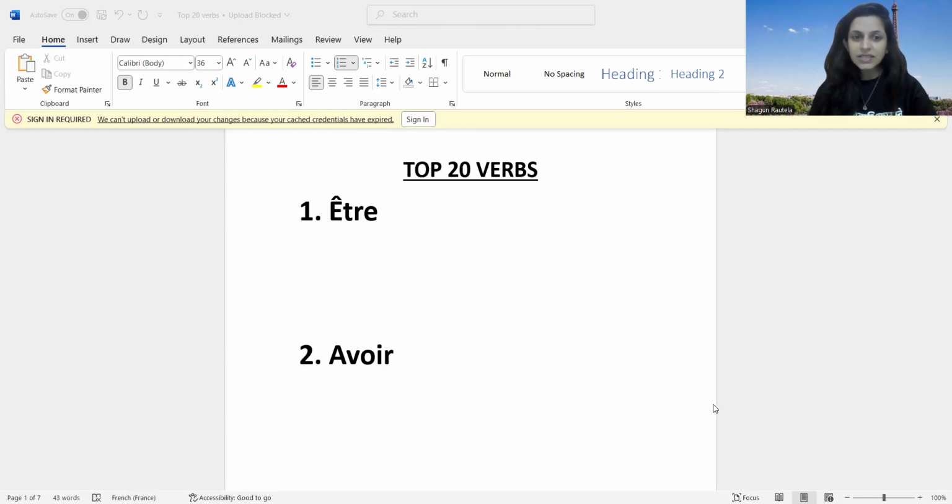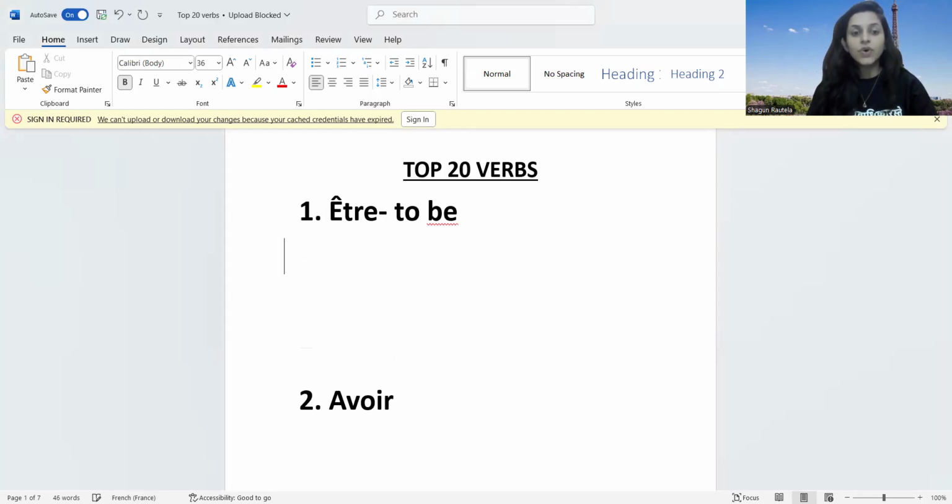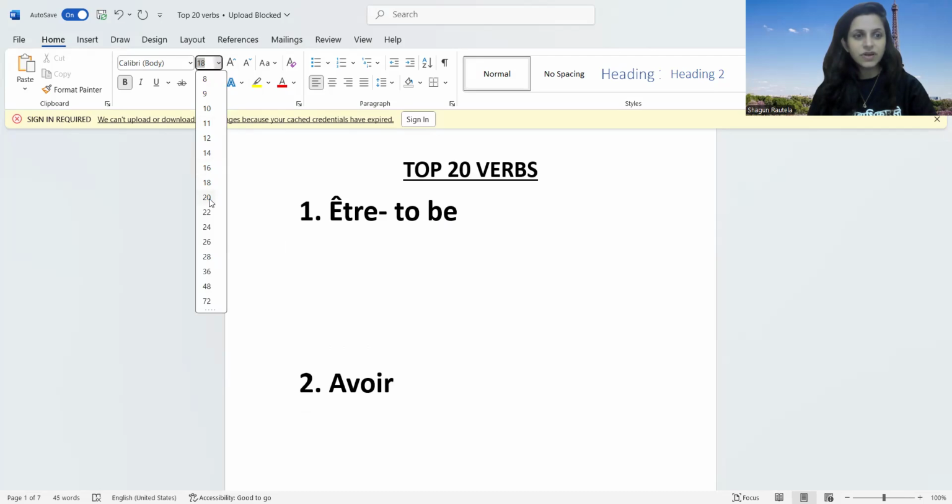So let's get started. The first important verb that you must know in all the tenses is the verb être. What does this verb mean? The verb être means to be. How do you conjugate this verb? We are going to start in present tense first.